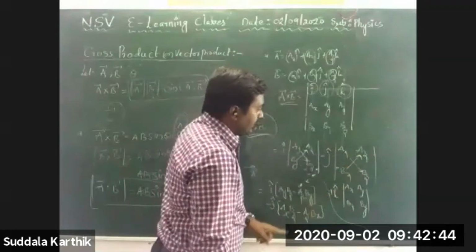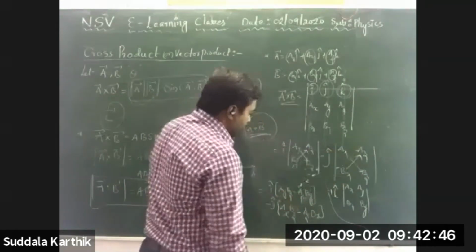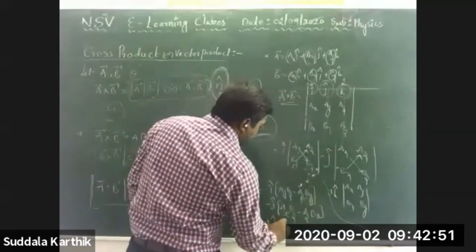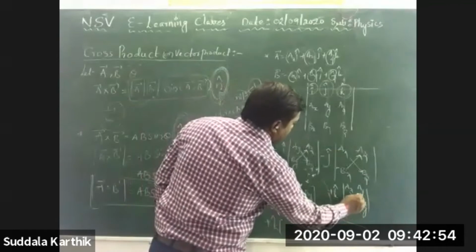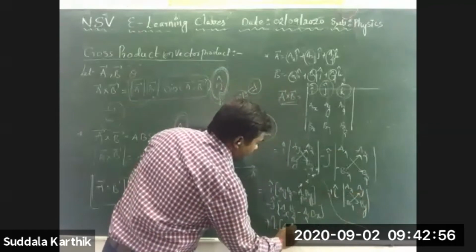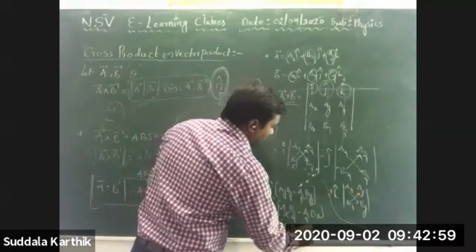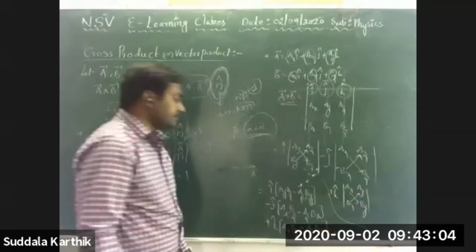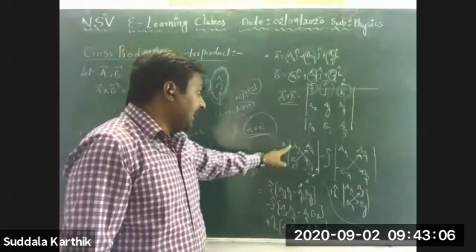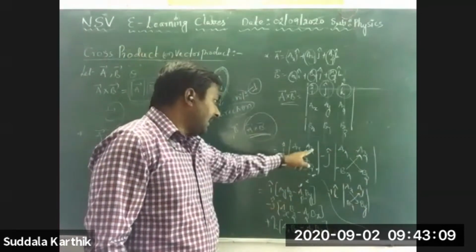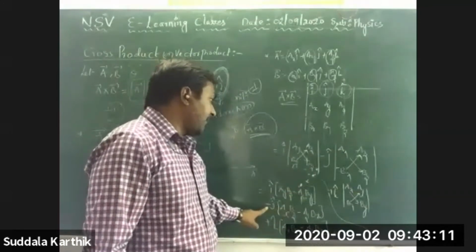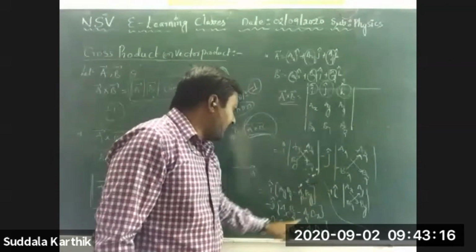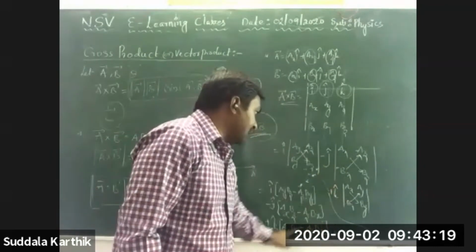Next plus K cap, AX BY minus AY BX, Nana. So I cap, AY BZ minus AZ BY, minus J cap, AX BZ minus AZ BX, plus K cap, AX BY minus AY BX.